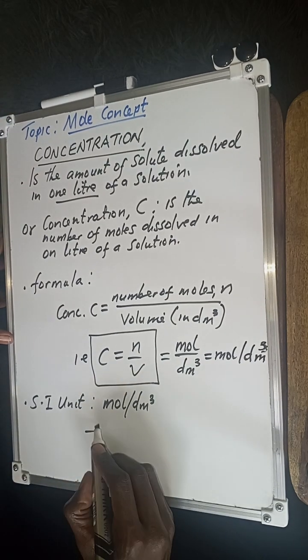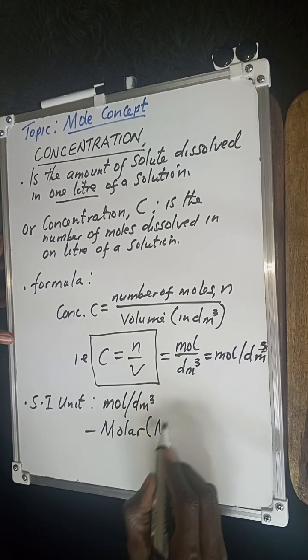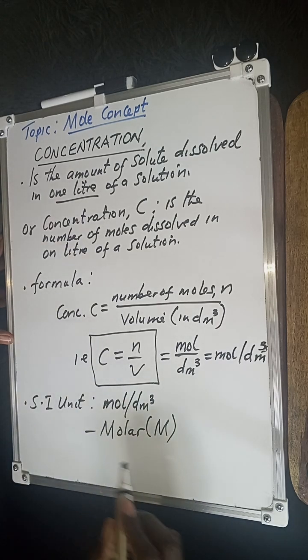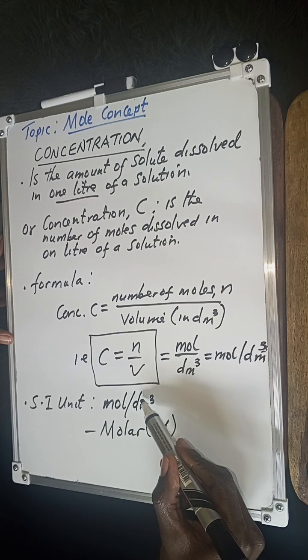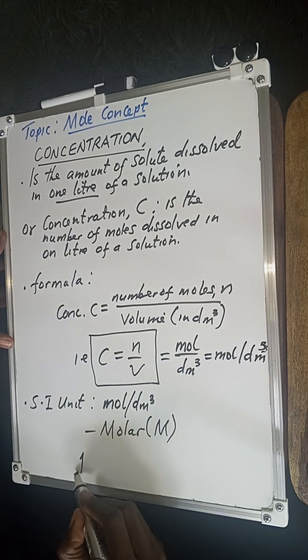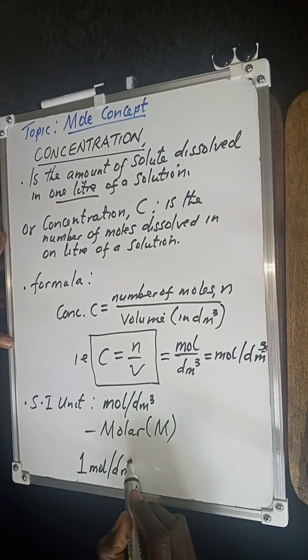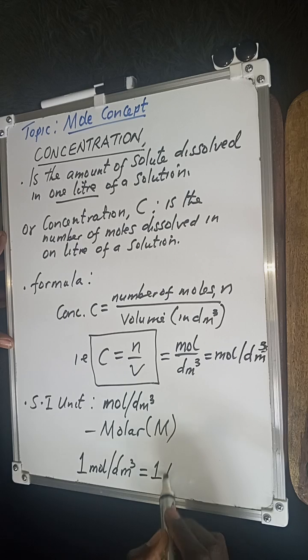But remember, concentration can also be expressed as molar, represented by capital letter M. What is the relationship between mole per cubic decimeter and molar? Those are just the same. So 1 mole per cubic decimeter is the same as 1 molar.